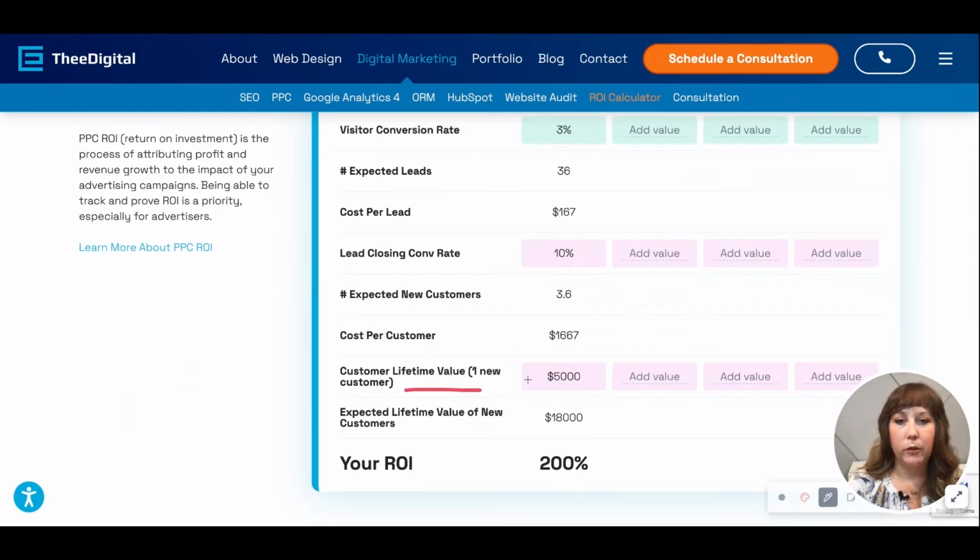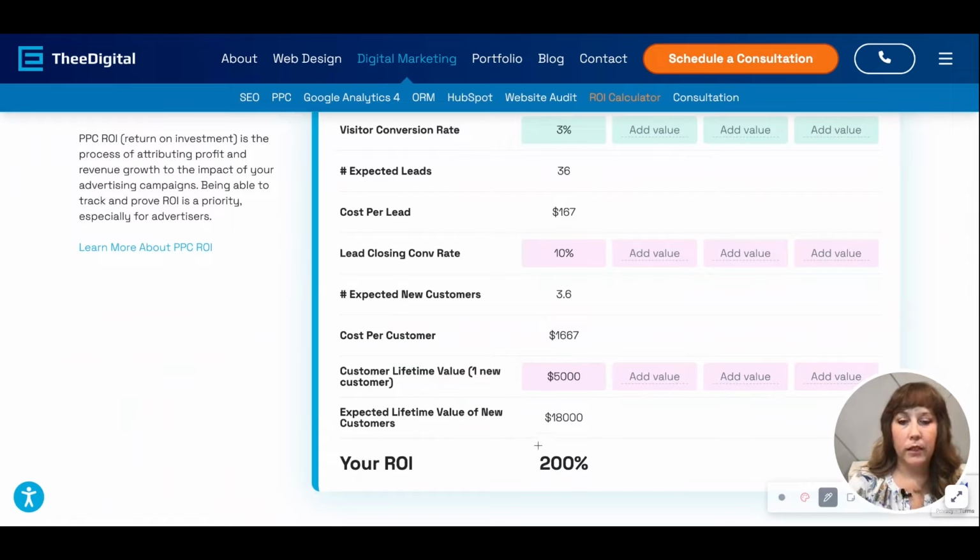Customer lifetime value is again what you expect one customer to spend during the lifetime of engagement with your company. And the expected lifetime value is a calculation of the number of customers times their lifetime value.